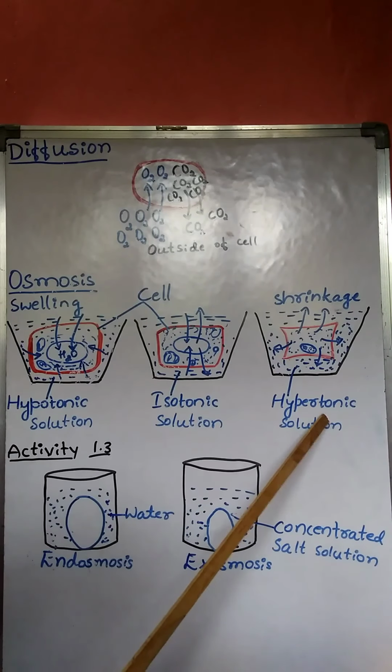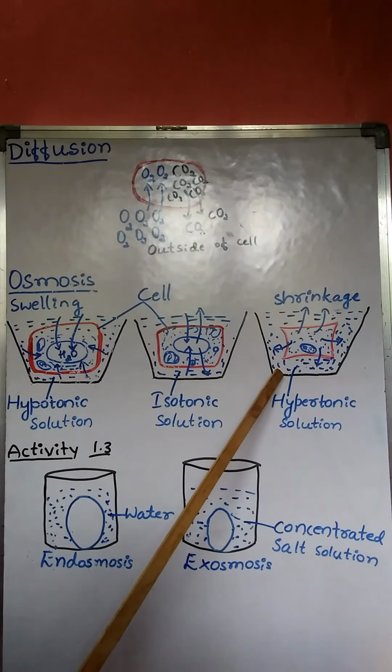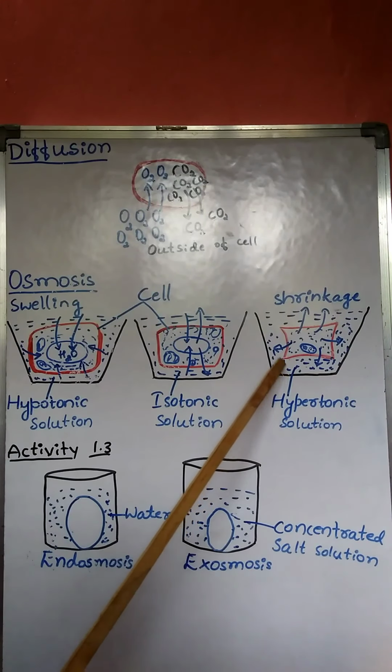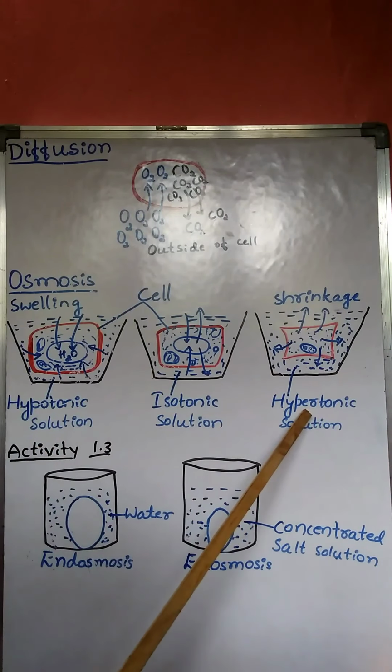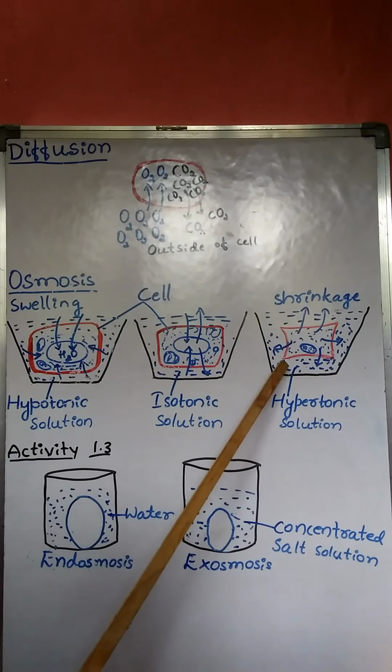The solutes may be salt or sugar. Hypotonic means the concentration of solute is less and the concentration of water molecules is more. Hypertonic means the concentration of solute is more and the concentration of water molecules is less.